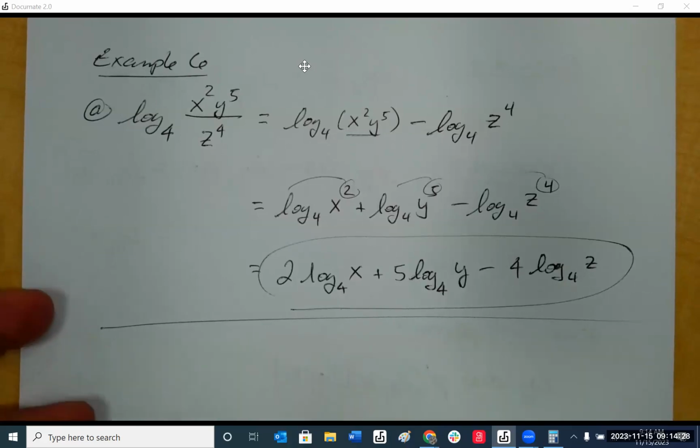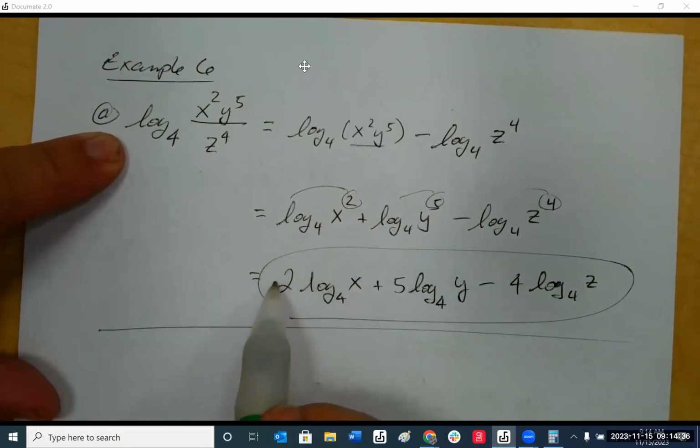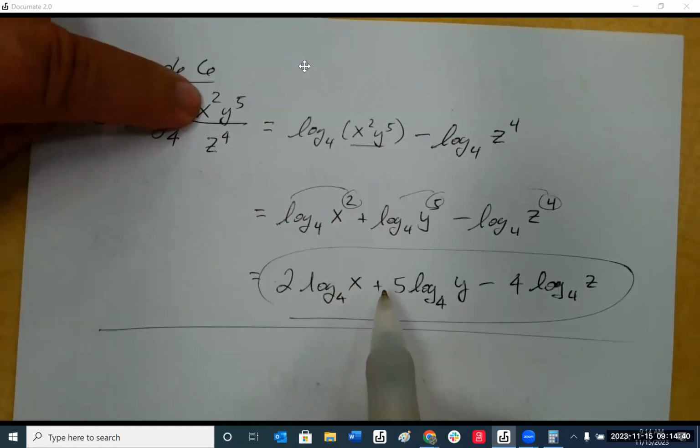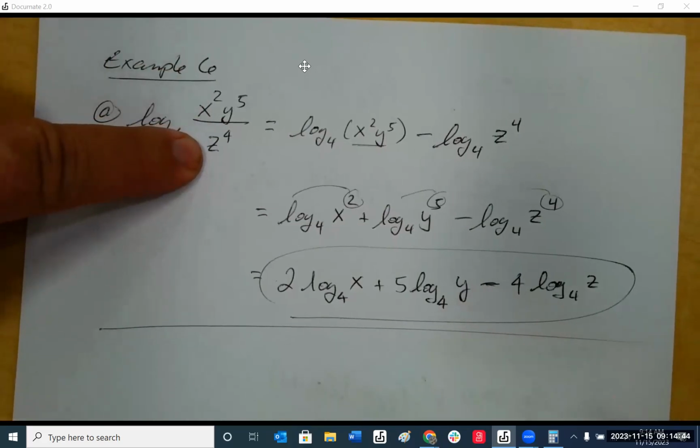So far, so good. Now, let's look at going backwards. If it has a plus in front of it, if it's positive in front of the number, it will be on top. If it has a minus, it's going to be on the bottom. If it has a coefficient, that coefficient goes as an exponent.